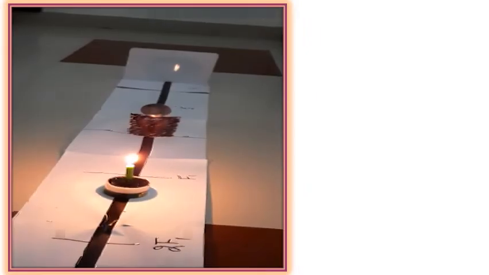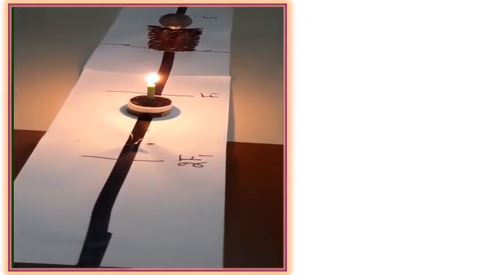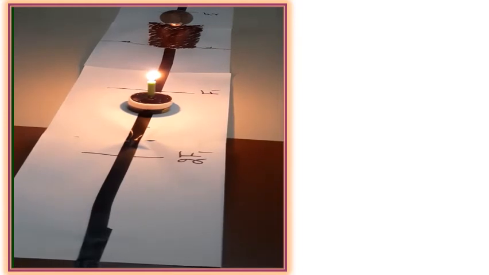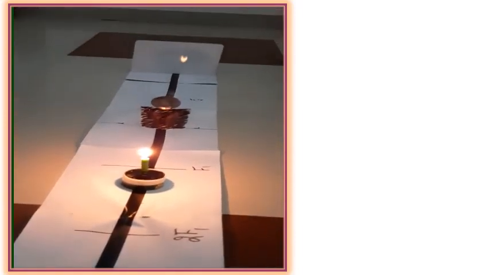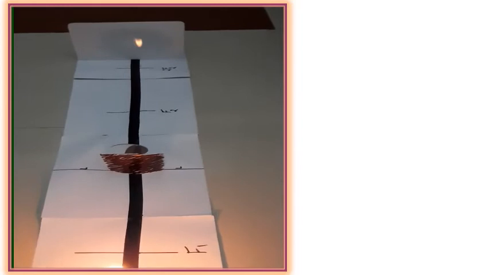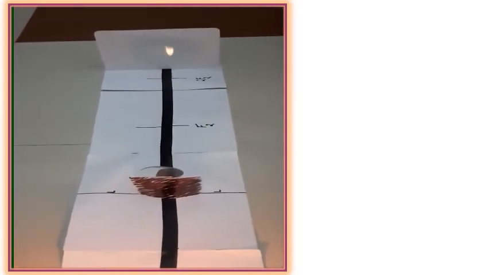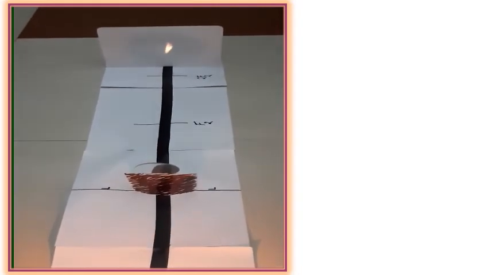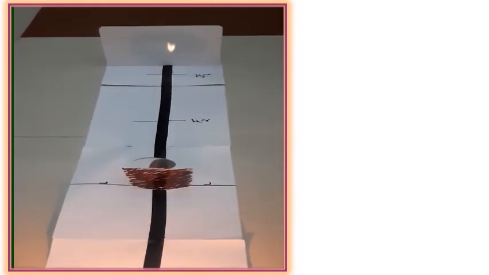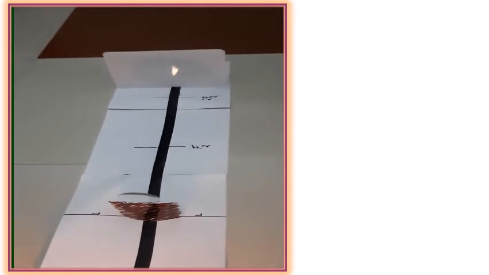Now I have shifted our object, that is the candle, between F1 and 2F1, as you can see. Now the object is placed between F1 and 2F1, and we see that an enlarged, real and inverted image is being formed on the screen. The image of the candle flame here is larger than the actual candle flame. It is real, because it is being obtained on the screen obviously, and it is inverted, and it is being formed beyond 2F2, as you can see.